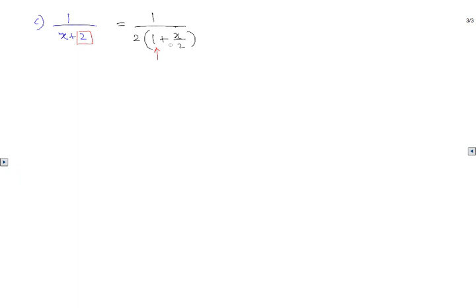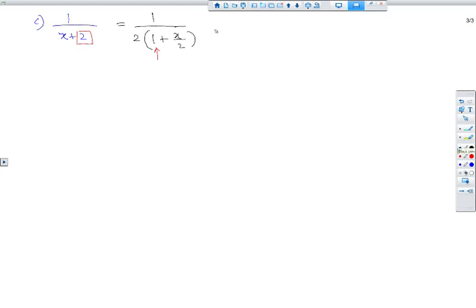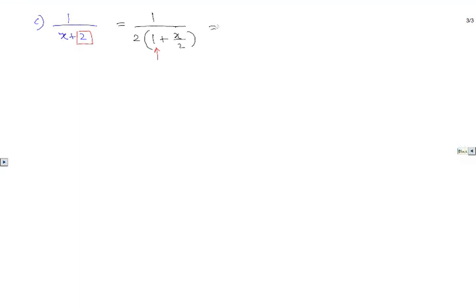It's very similar to the previous example. We're going to introduce 2 negative signs. So we can write this as 1 over 2, and then 1 minus, and then minus x over 2. That's how we can write it.